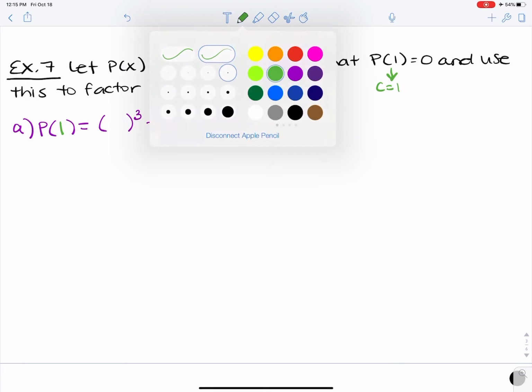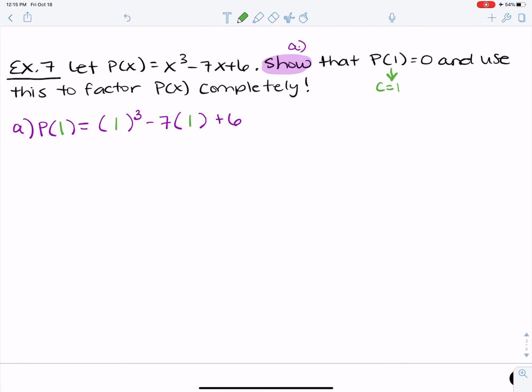All right, plugging that in, and we got to show it, so you got to actually do all the steps. 1 to the third is 1, minus 7 plus 6. And so 1 minus 7 plus 6 is indeed 0.